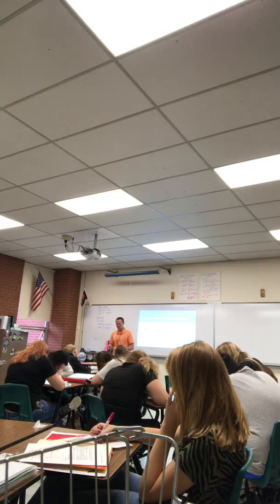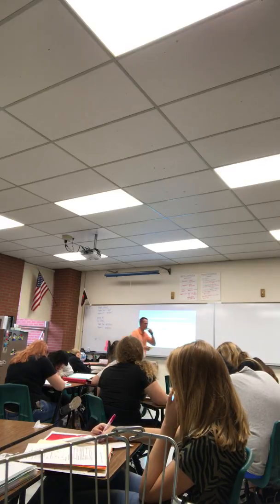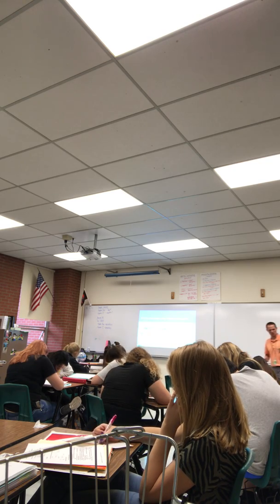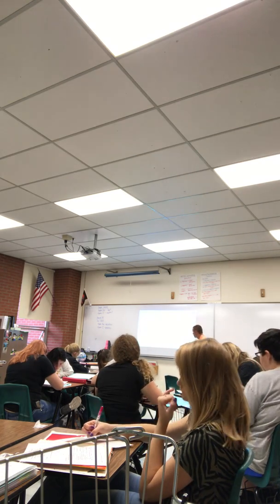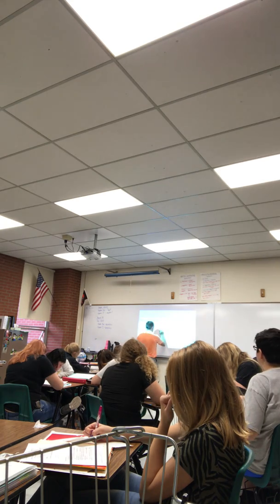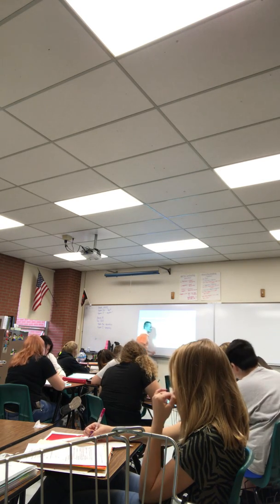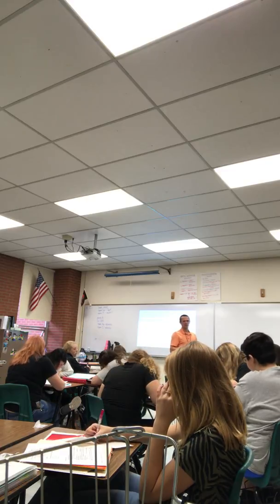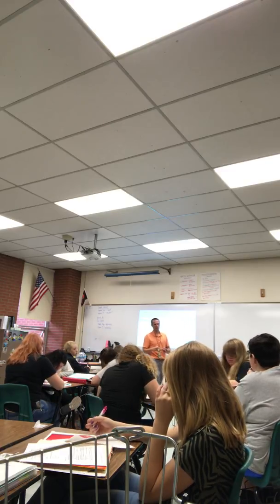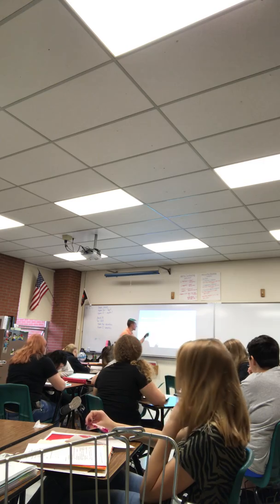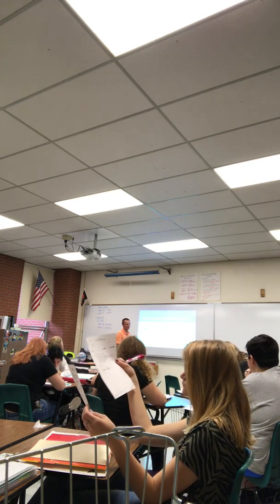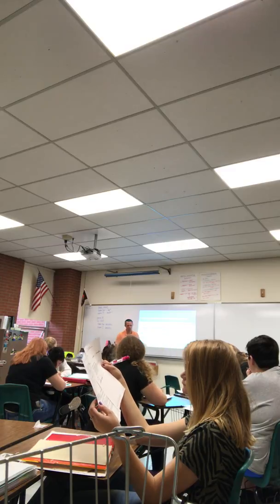So first piece of information I need to identify, Levi, what is it? Where it's at, and it's on what number? 52. So right there, I can write my 52. What's the next piece of important information that we need to know? What type of circle it is. What does that circle indicate about the inequality symbol? It doesn't have an equal sign. So I already know I'm not going to have an equal sign.